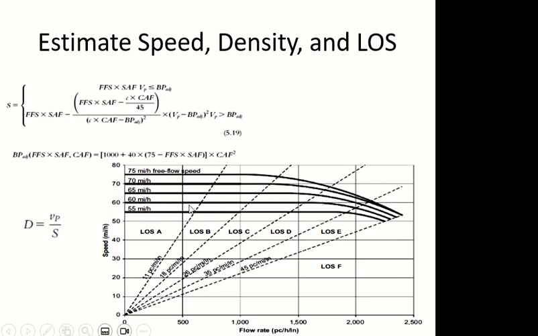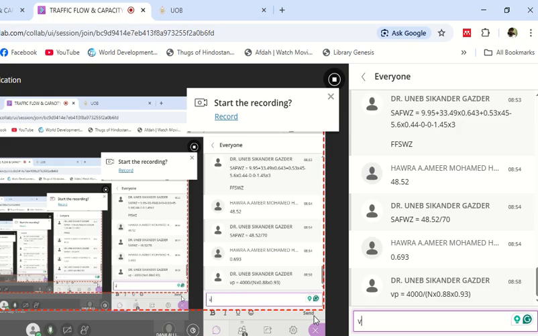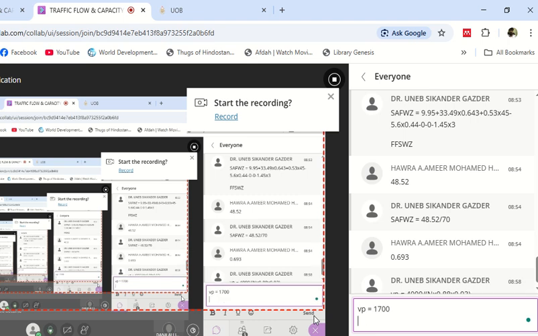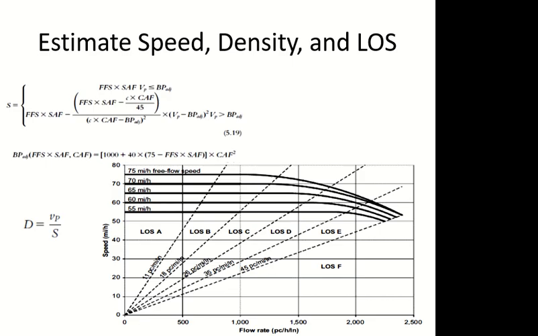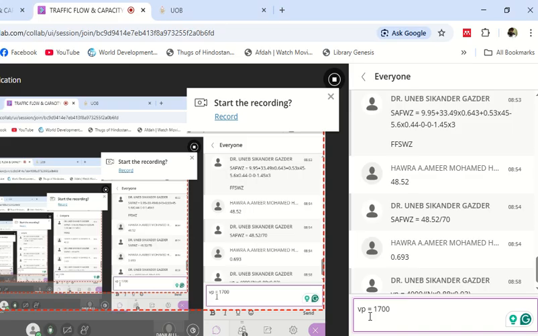For example, let's say from here level of service C is intersecting at, let's say, 1700. So my vp will become 1700. And if I go for level of service D, then I'm here, which is, let's say, 2100.